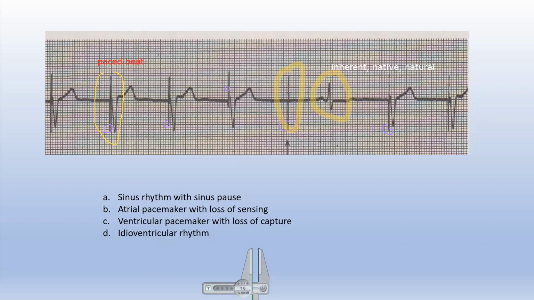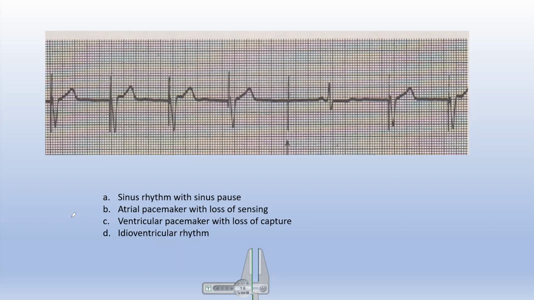So this is what's called a ventricular pacemaker with loss of capture. Loss of capture because an impulse was created as evidenced by this spike right here, but there was no response whatsoever. And therefore, the correct answer is letter C, ventricular pacemaker with loss of capture.